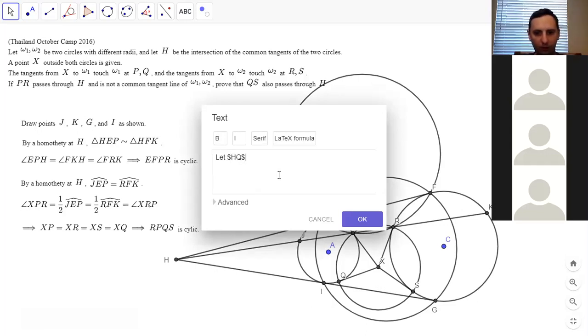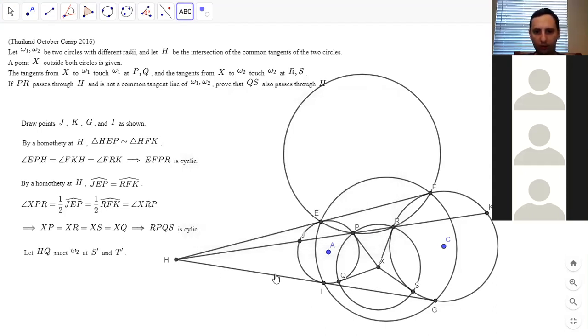Let HQ meet omega 2 at S prime and T prime. Then I want to show that S prime is equal to S. We would have angle HPQ is HKT prime.